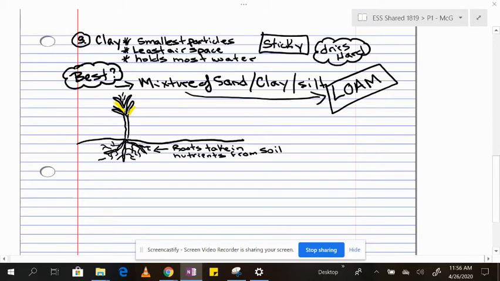And so when we are looking at the roots, they help with erosion, or erosion not happening. It helps keep the soil in place. So it reduces erosion, is what I should say.